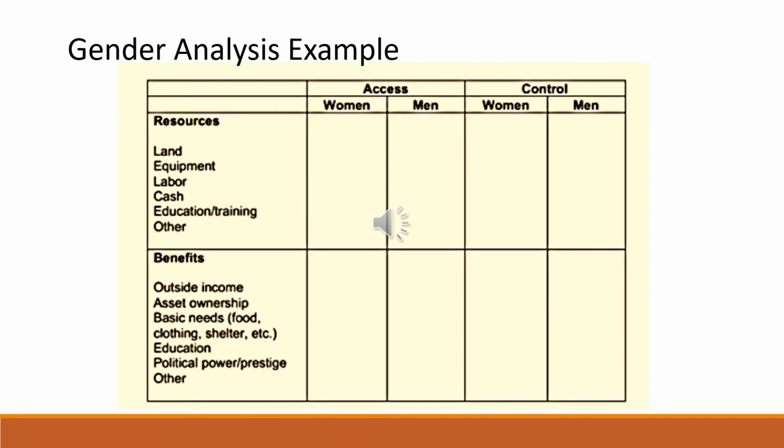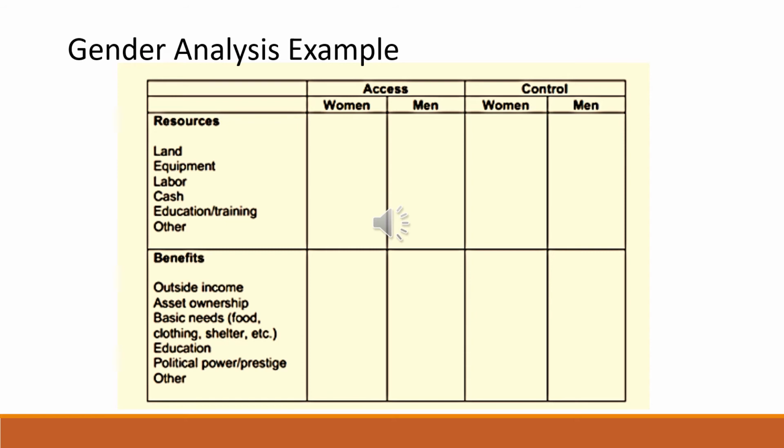Isang example, yung education and training. Kamusta ba yung access ng women and men sa education? Sa pamayanan, usually priority ng pamilya na mapag-aral ang anak na lalaki. So, dito pa lang meron ng imbalance in terms of gender roles.